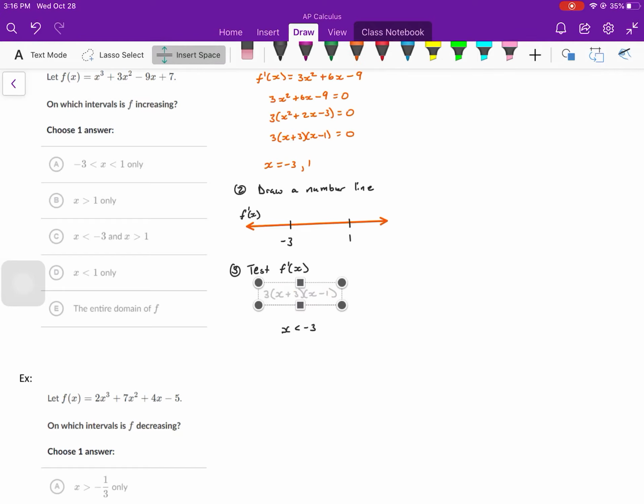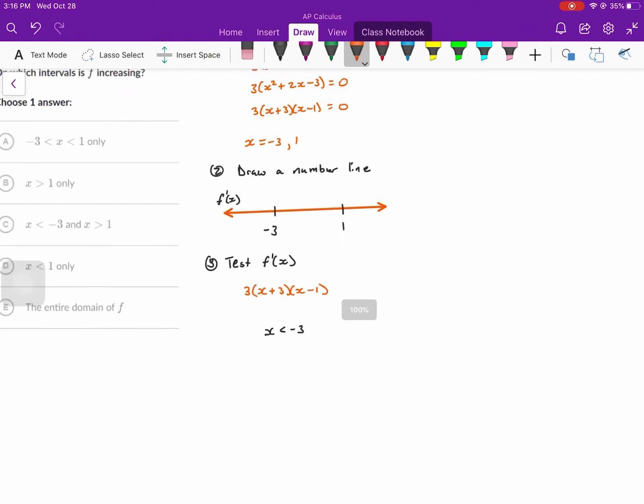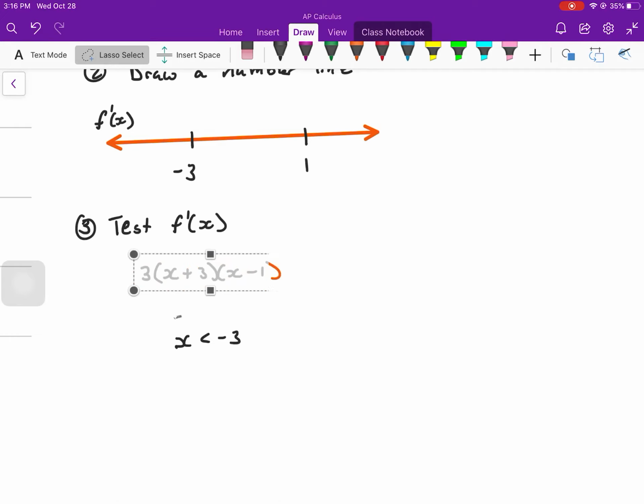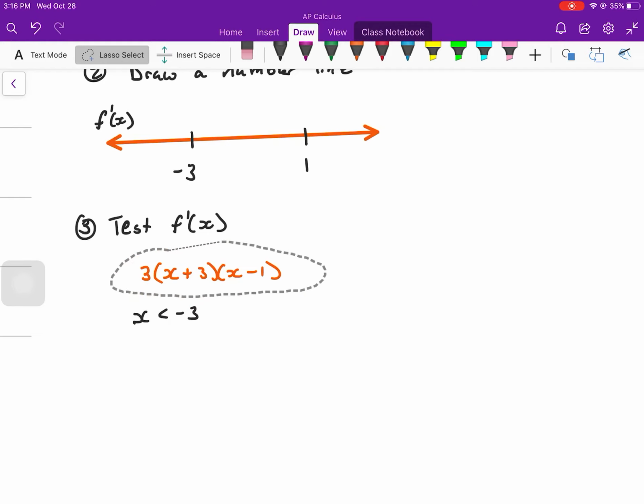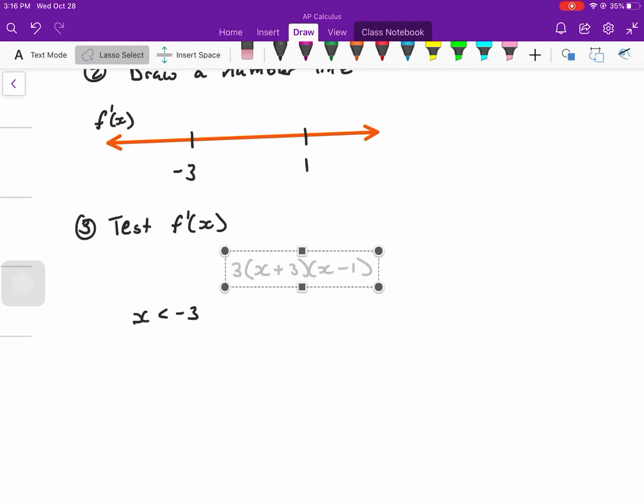I'm going to give us a little bit more room here. So we just need to know the signs. We just want to know, is f prime positive or negative? So think of a number less than -3. Well, -4. So we're talking about to the left of -3.